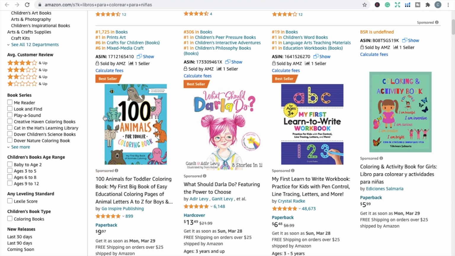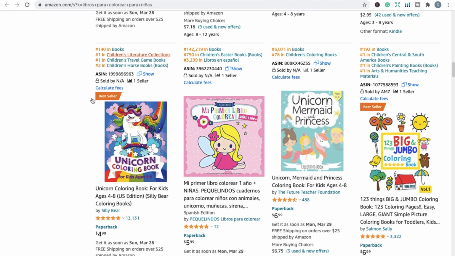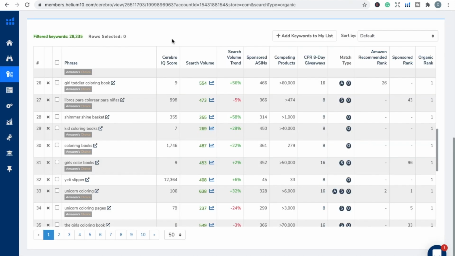Same with this Animals for Toddler coloring book. A rank of 1,725 in books, it's targeting Spanish keywords. The book that we are looking at in Cerebro, 140 BSR in books, is targeting Spanish keywords. So I think that is a really good little secret that isn't very well known yet, and that could give you some advantage in your keyword strategy.